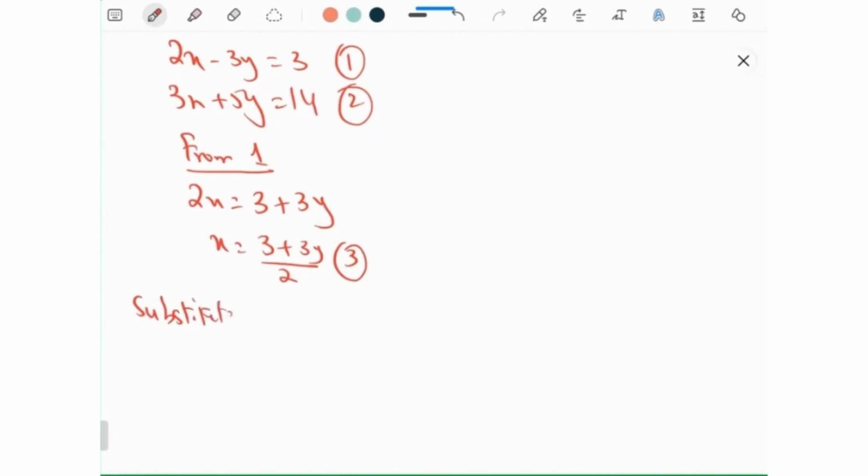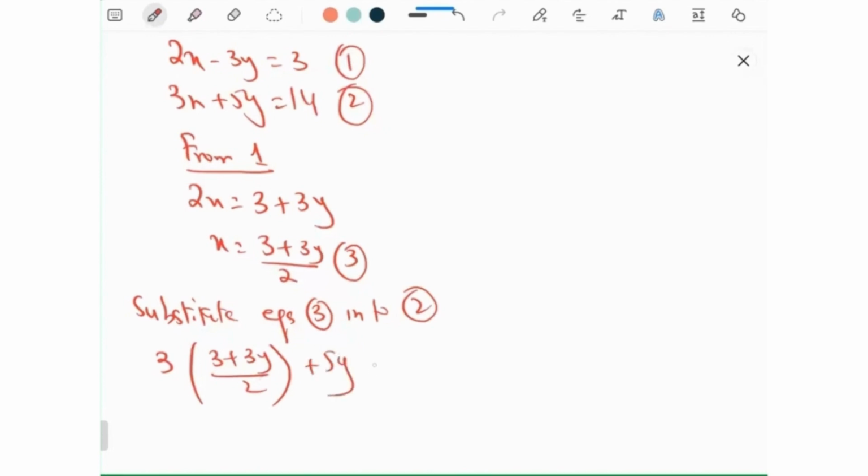Substitute equation 3 into 2. 3, x की जगह (3 plus 3y) upon 2, plus 5y is 14. 9 plus 9y upon 2 plus 5y is 14.